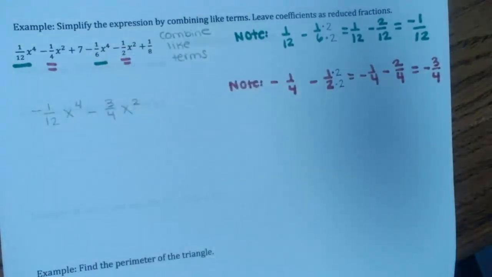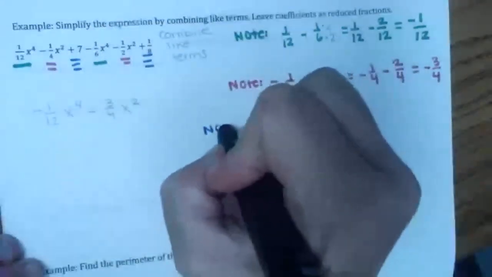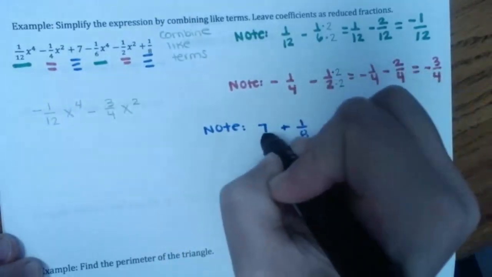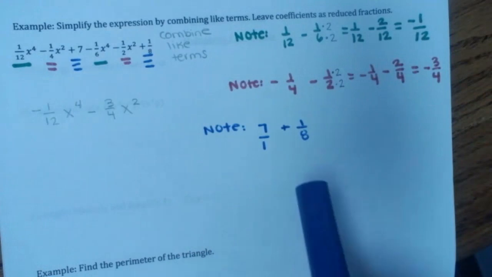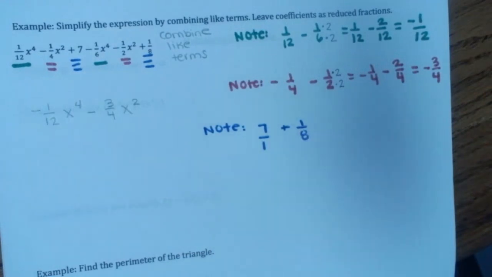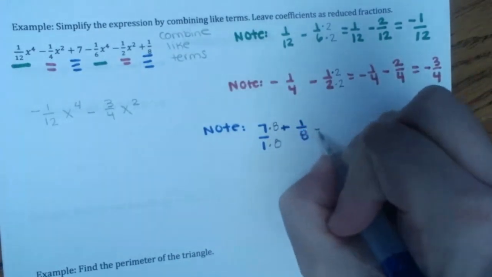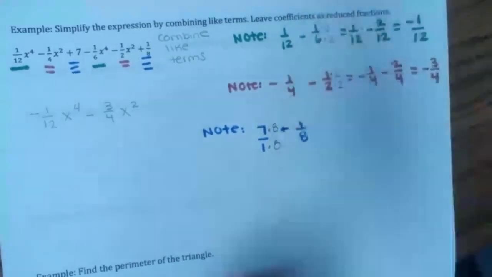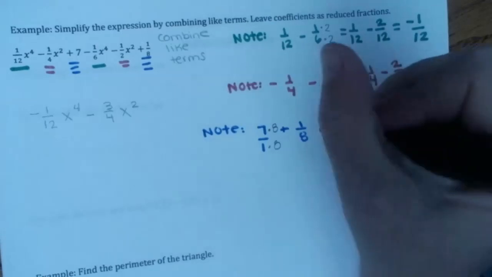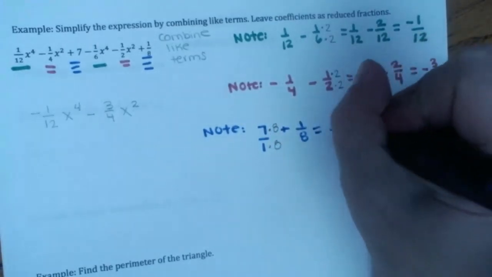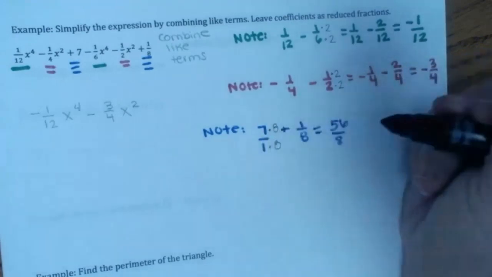And then last but not least, we have 7 plus 1/8. So 7 plus 1 over 8. 7 is the same thing as saying 7 over 1. That way we can look at our denominators. I want to get a common denominator, which in this case would be 8. So I can multiply the top and the bottom by 8. So that means 7 would turn into 7 times 8, which is 56 over 8. 56 over 8 is still 7.